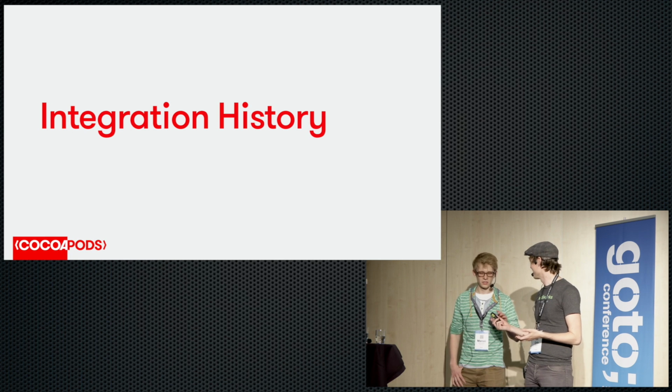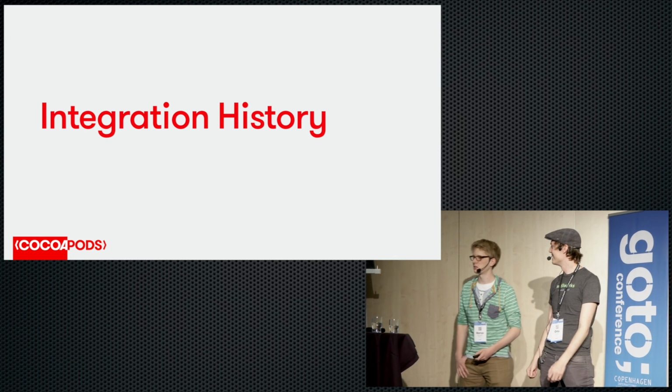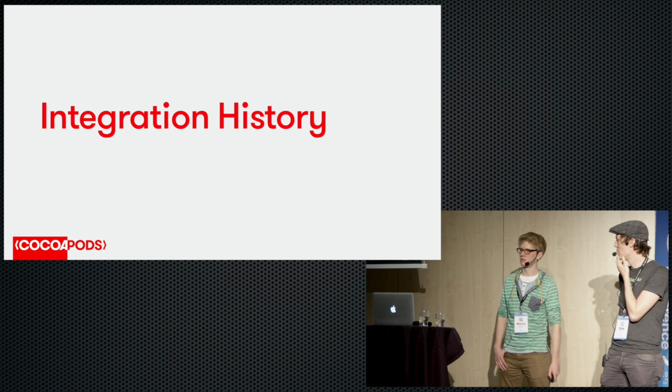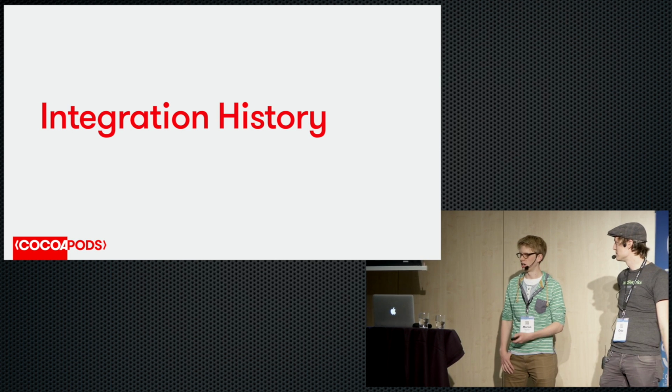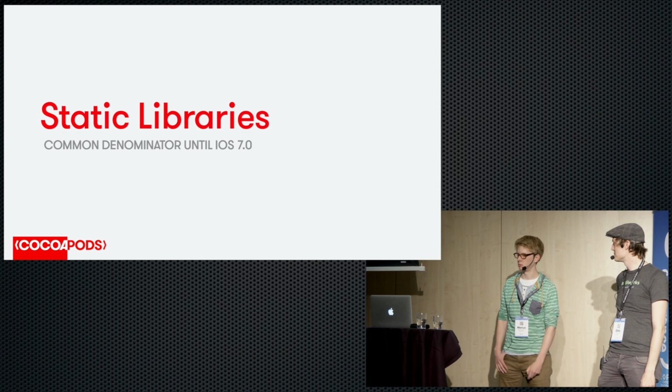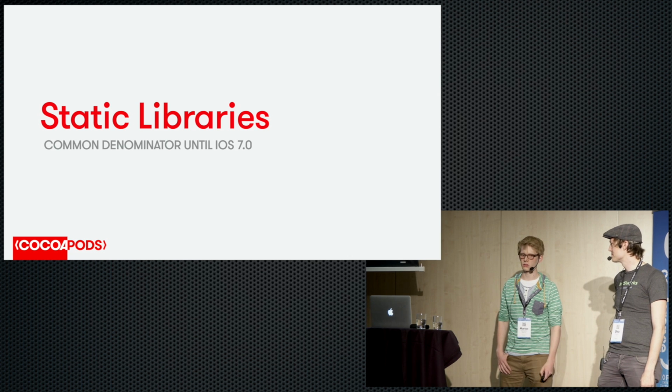All right, you're up. So, yeah, 5 years. That means for us also a lot of integration history, like frameworks. They have not been there forever. Before frameworks, we had static libraries, because static libraries were the common denominator until iOS 7, because until iOS 7, frameworks were not available for iOS, at least not for the App Store.